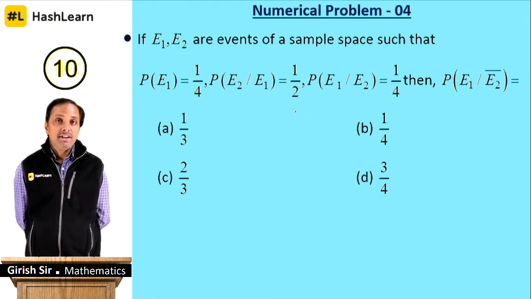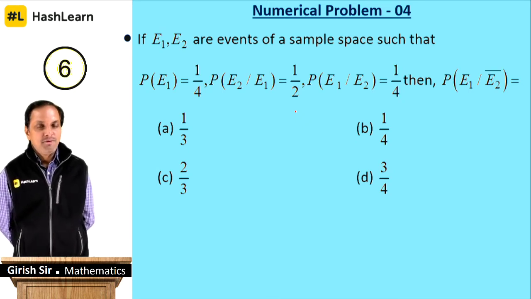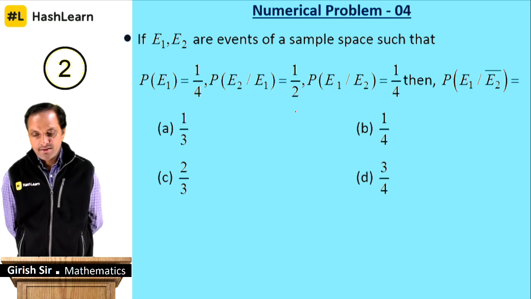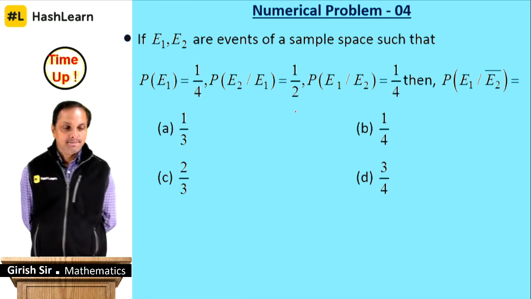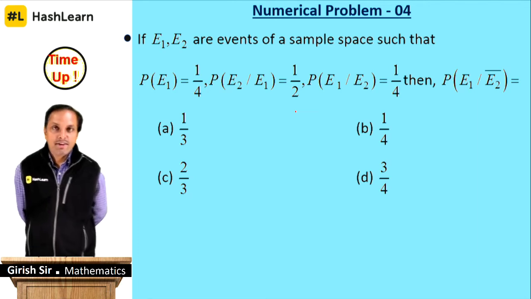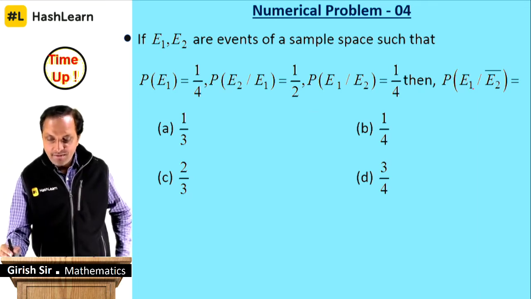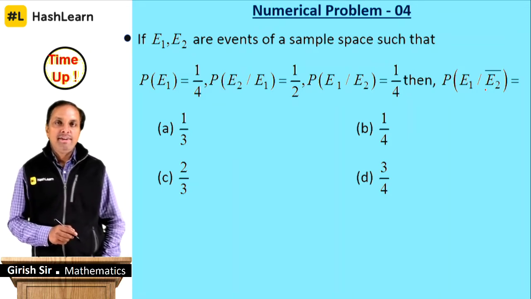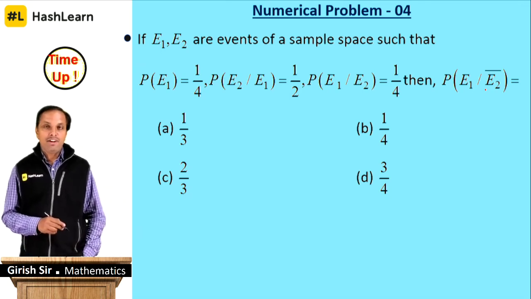There are two events, E1 and E2. आपको find करना है probability of E1 conditional probability of E2 bar. चलो, your time is up and let us see. तो probability of E1 conditional E2 bar is nothing but probability of E1 intersection probability of E2 bar divided by probability of E2 bar.